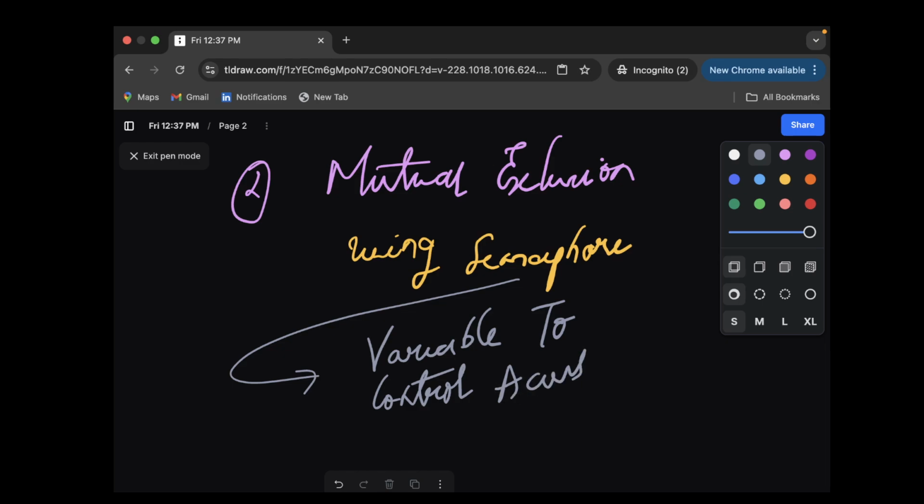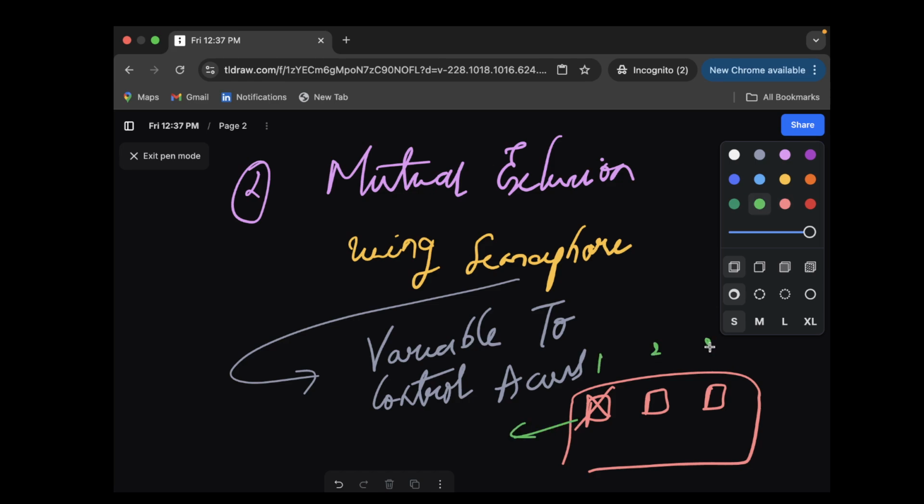For example, a thread T1 enters, then it changes. So for example, you have a parking lot, right? So this is my parking lot, and I have three places. So this is 1, 2, and 3, right? Now available I will be having 3.